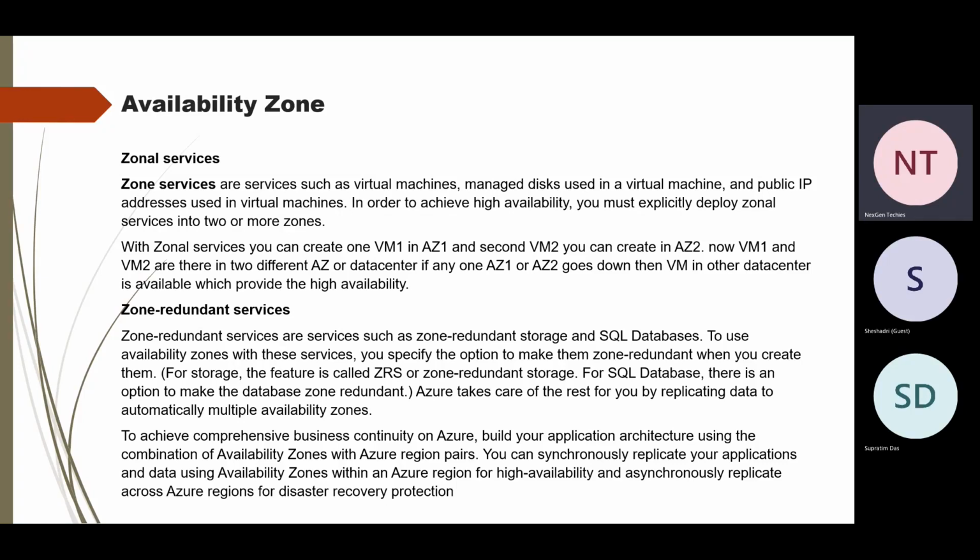If any one of the availability zones, AZ1 or AZ2, goes down, then the VM in the other data center is available, which provides you the high availability. So it guarantees the high availability of your VMs. If your VMs are available, then your services are available, your databases are available. So you have to configure the zonal service to have the high availability for your VM.